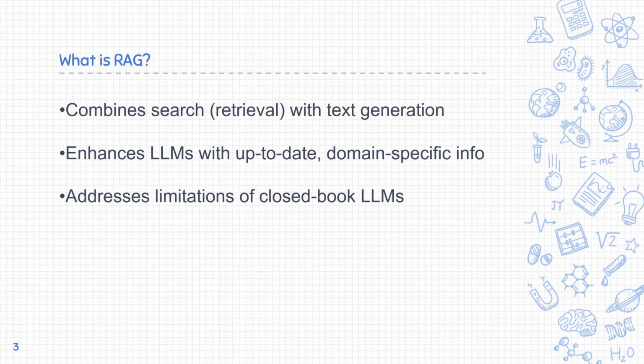Let's jump into what exactly RAG is. In plain English, RAG is a way to make large language models like ChatGPT or GPT-4 even smarter by giving them the ability to search for facts, almost like letting your AI model Google things before it answers.